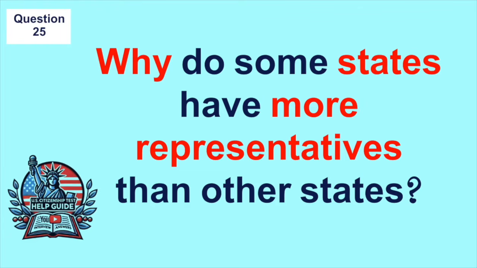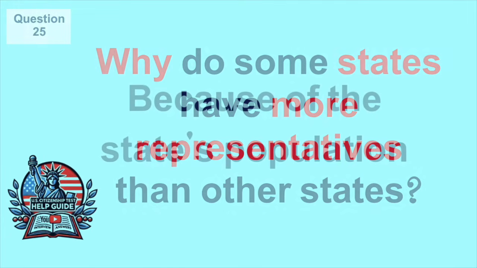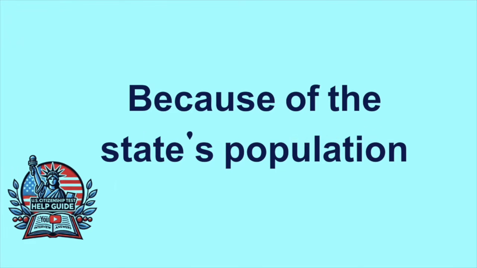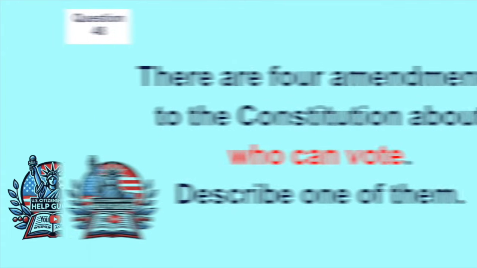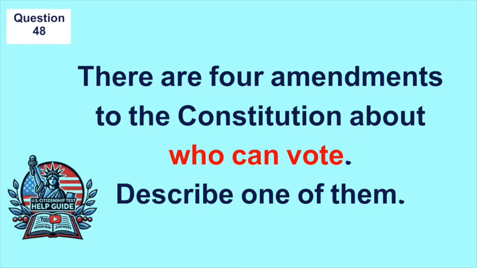Why do some states have more representatives than other states? Because of the state's population. There are 4 amendments to the Constitution about who can vote. Describe one of them.